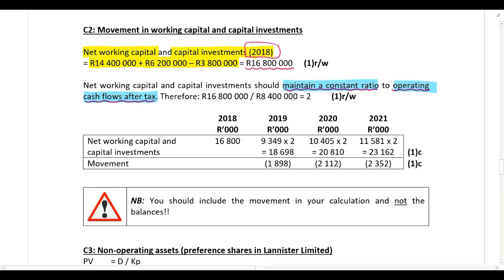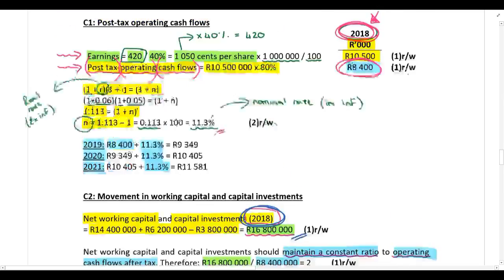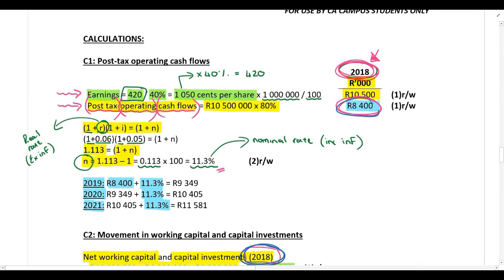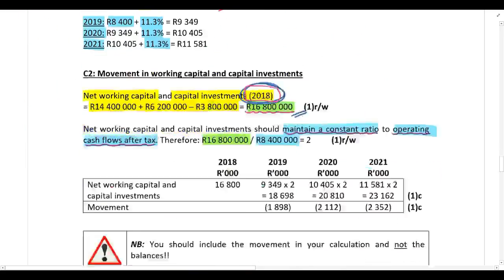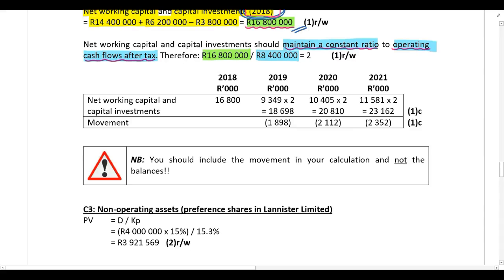So take this amount and calculate what the constant ratio is. Divide by the operating cash flows after tax. Make sure you're being consistent. Both of these amounts are for 2018. You've got the net working capital and capital investments for 2018, and you are working with post-tax operating cash flows for 2018. Calculate the ratio.